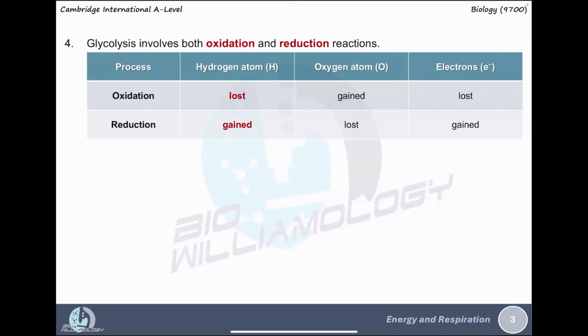On the other hand, when a reduction process takes place on a molecule, that molecule gains hydrogen atoms, or oxygen atoms are lost from the molecule, or the molecule gains electrons. But during glycolysis, we will focus on hydrogen atoms only.